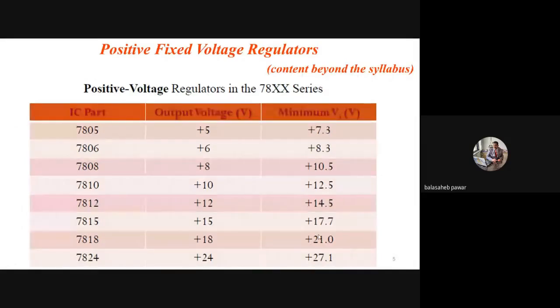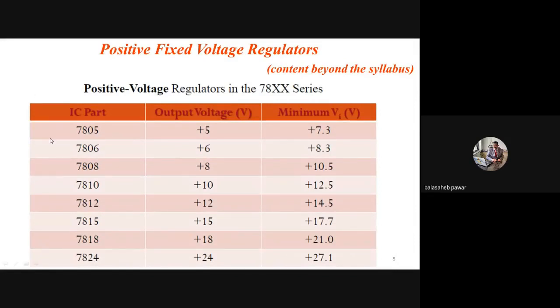So instead of 37 volts, if I apply, for example, 45 volts or 50 volts to this IC, or to any of them, that is greater than its maximum input voltage handling capacity, right? Suppose it is plus 45 volts for this last IC, 7824, or even for 7805, if I apply 40 volts unregulated DC, this IC will get damaged. Is it clear?